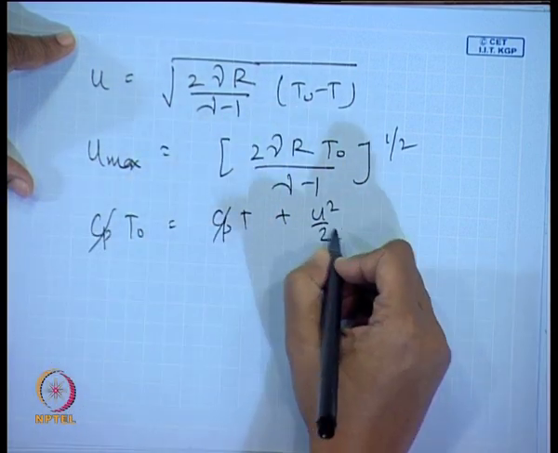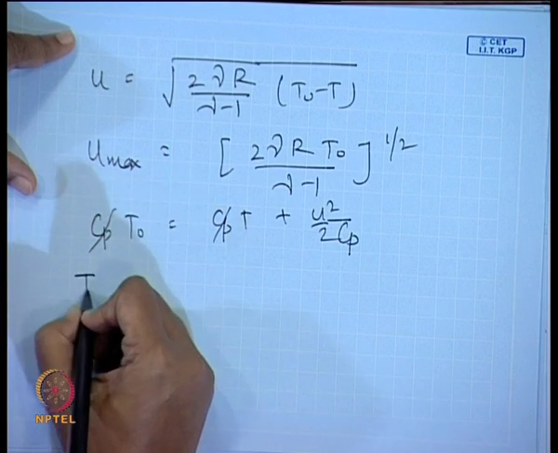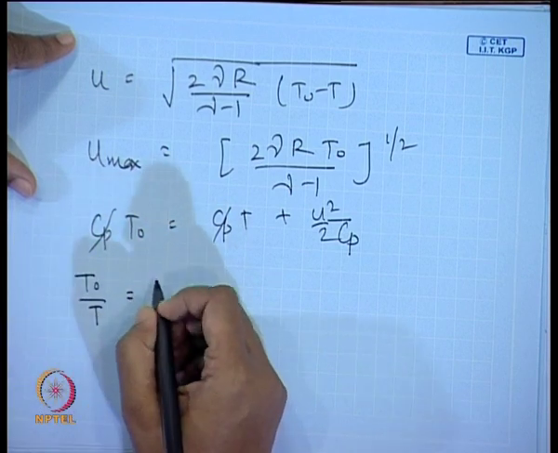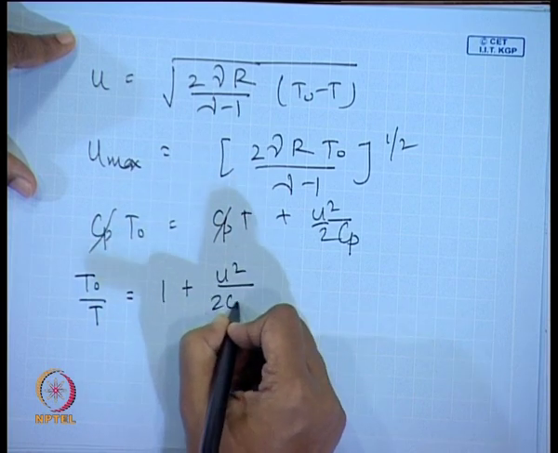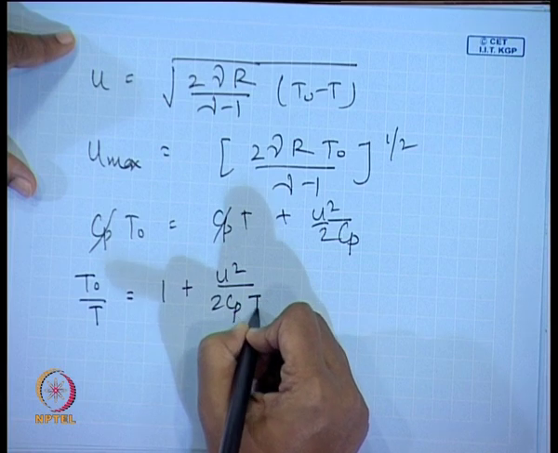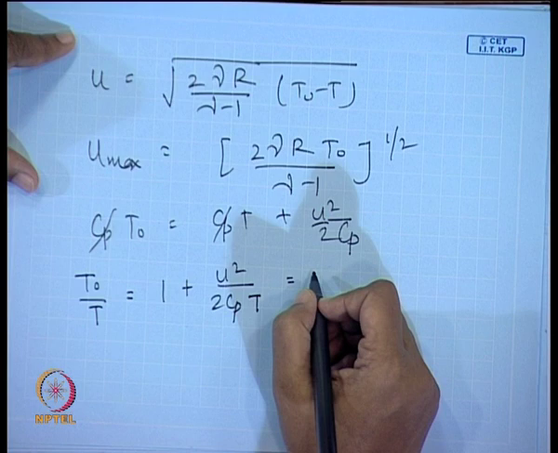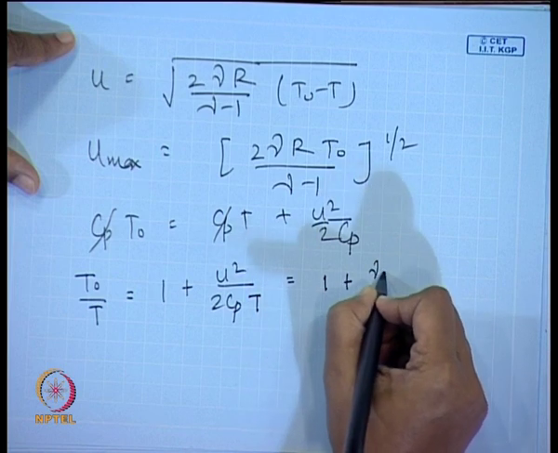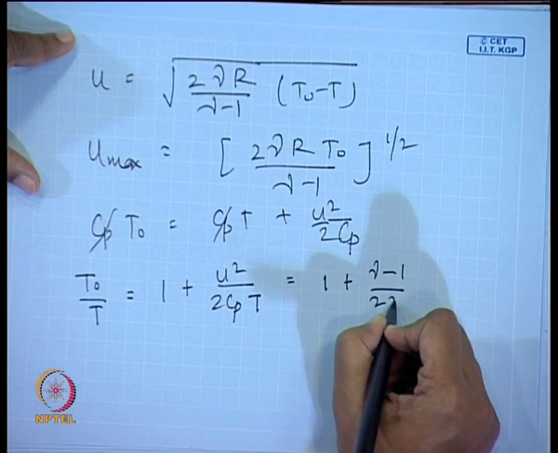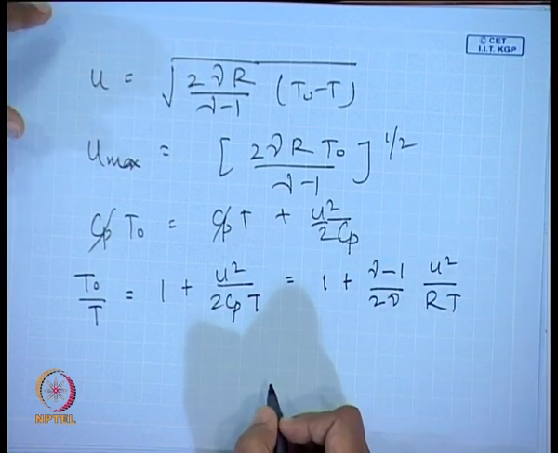In other words, we can write T0 by T as 1 plus u square by 2 Cp T. Substituting Cp as gamma R by gamma minus 1, we get 1 plus (gamma minus 1) by 2 into gamma u square by RT.